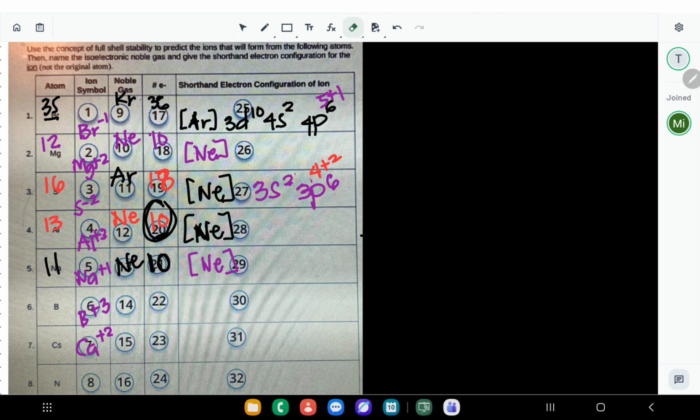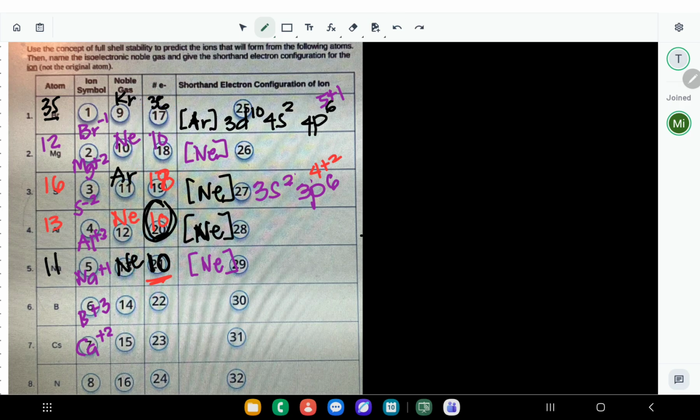The sodium ion is also equal to neon. Actually, for the shorthand electron configuration of an ion, we will base on the number of electrons after adding or subtracting the charge of the ion. So we will use these electrons, not the original number of electrons.